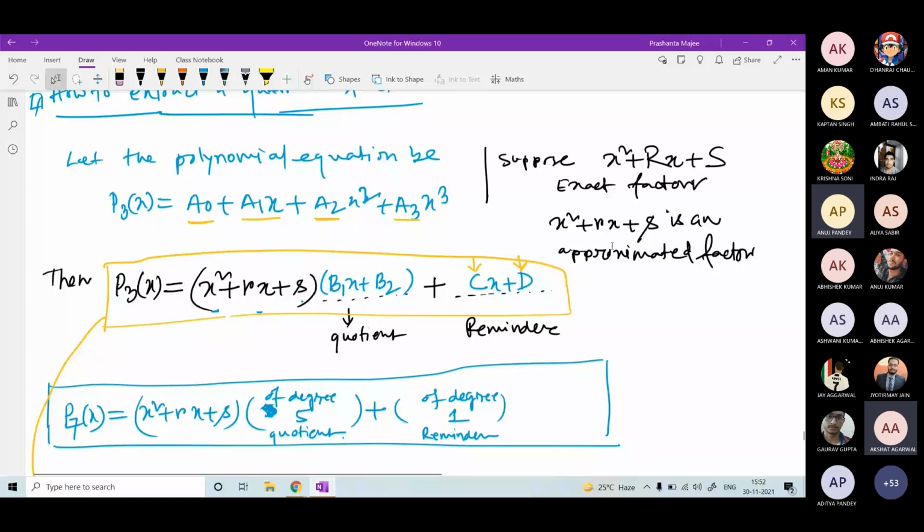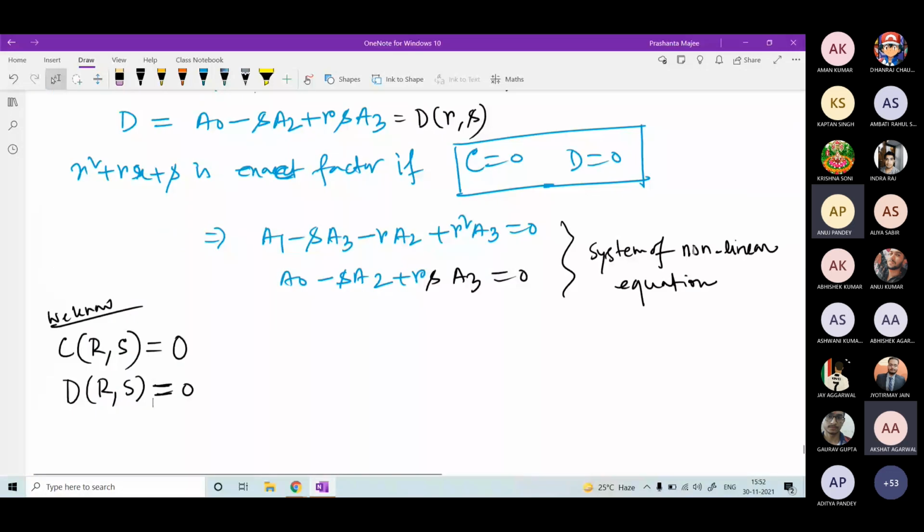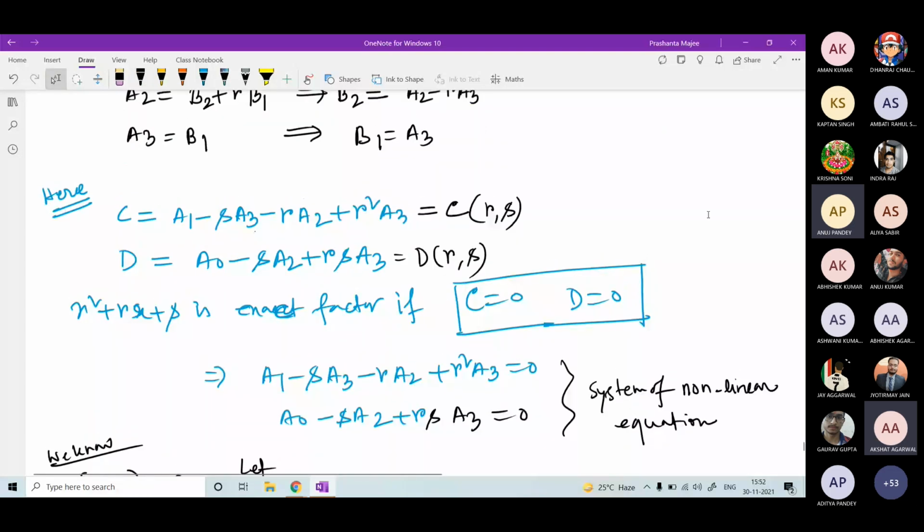So can we say capital R is small r plus some amount of adjustment, some amount of error? Yes, sir. And capital S is small s plus some amount of adjustment or error. Okay. So you know what C of R, S is, what D of R, S is.